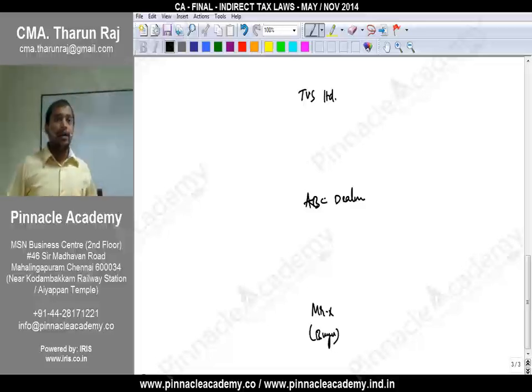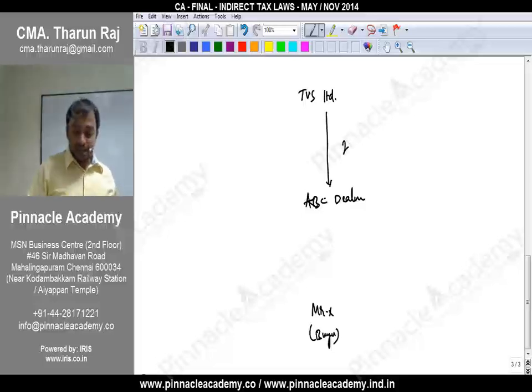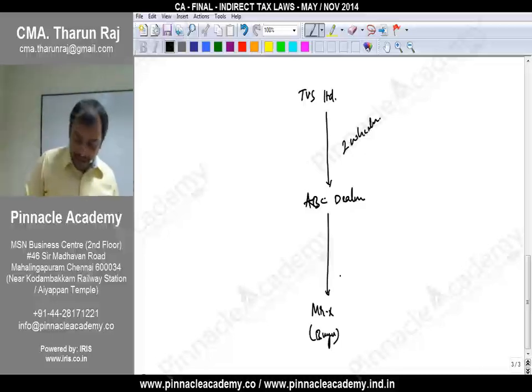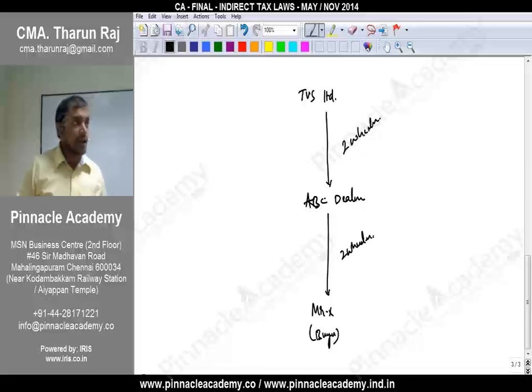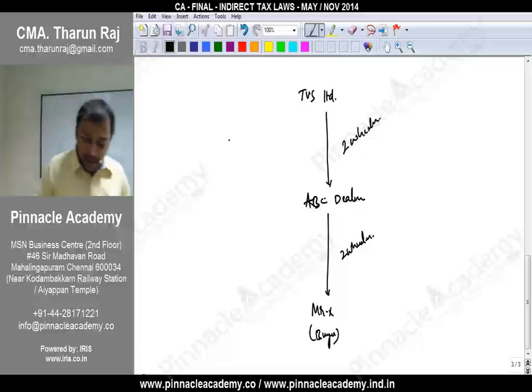Now, TVS Limited will sell two-wheelers to dealers, and the dealer will in turn sell it to the buyer. Now, if you see, the pricing will be like this.